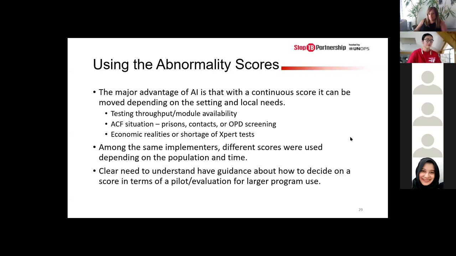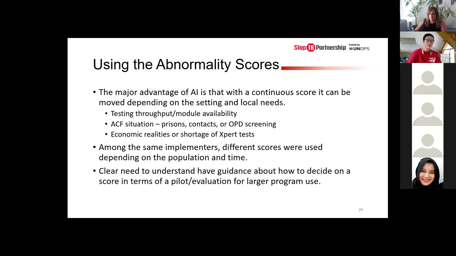And that score, that threshold, test, don't test, can be changed from day to day, from morning to afternoon. It is something that is flexible based on the local needs. And as you'll see in the final set of slides around the data, it's very important to be able to know where to set that score.